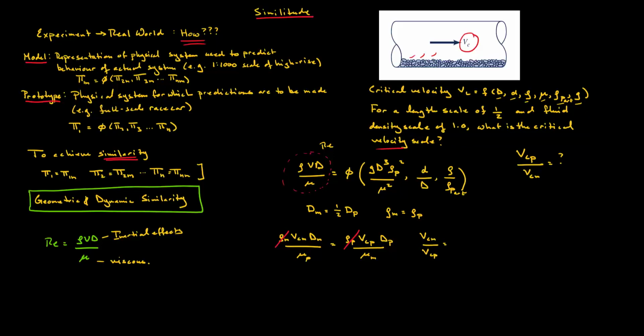So the ratio of the critical velocity of the model over the prototype is equal to the ratio of the viscosities multiplied by the ratio of the diameters. And so the prototype has twice the diameter of the model. So VCm over VCp is equal to 2 multiplied by mu p over mu m.